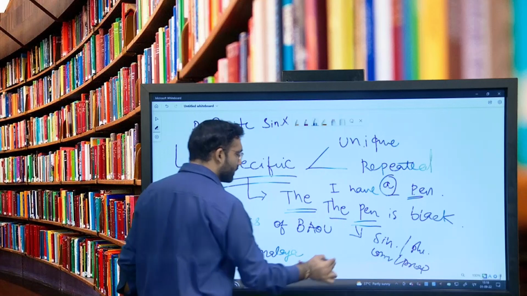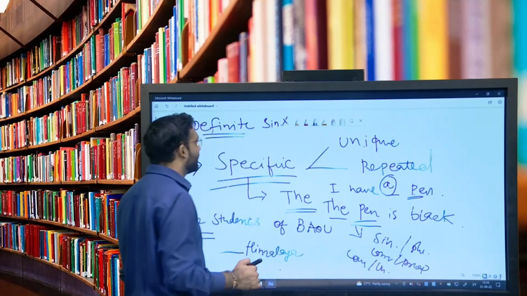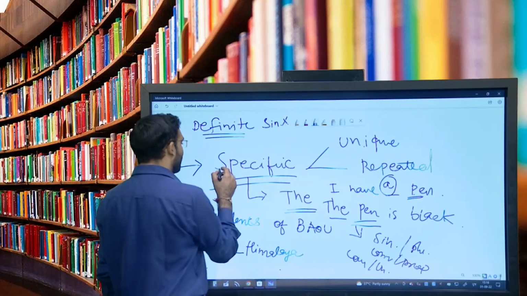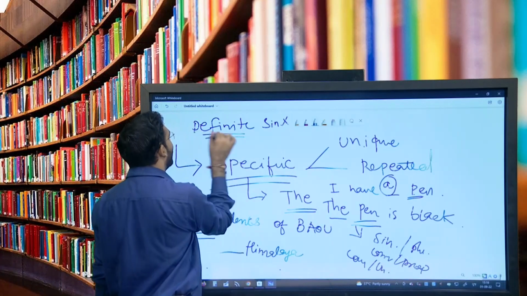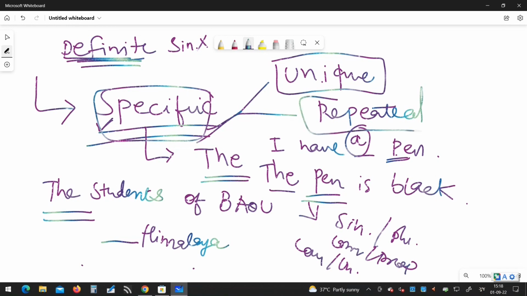It can be used before countable and uncountable. There are no rules like this. The rule is it should be specific, definite. The word itself is self-explanatory. Definite, which means either it should be unique, specific, or it should be repeated. When either of them is there, you would be using the definite article.